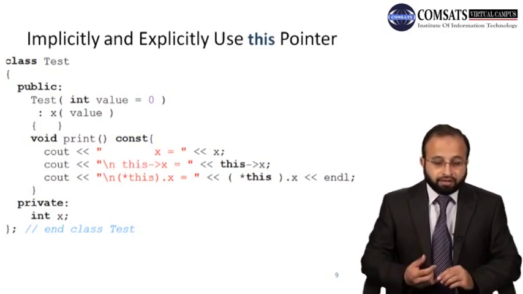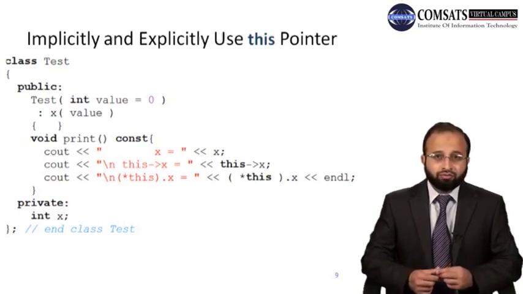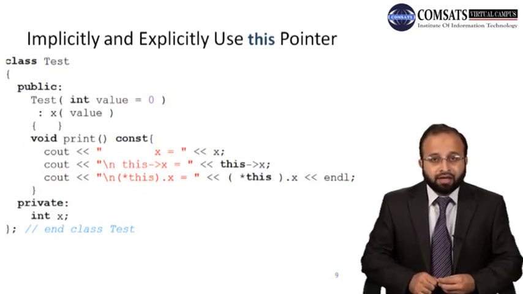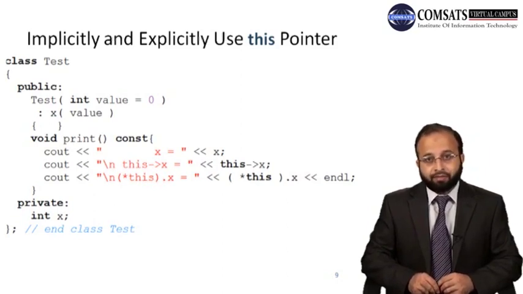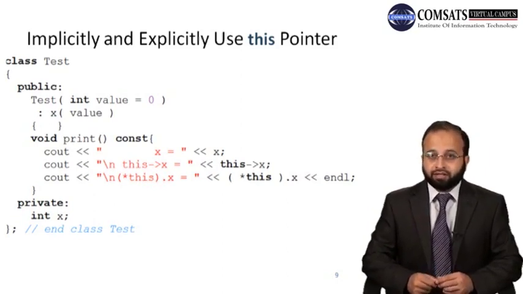Whether you create an object of distance class, test class, count class, employee class, or student class, whenever you create an object of that class, a constant pointer is created by the C++ compiler, and the name of that pointer is this, right?